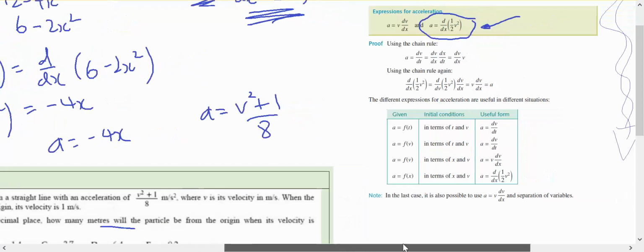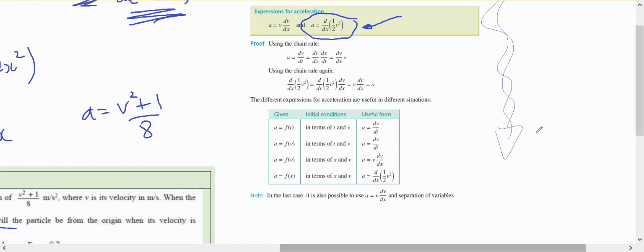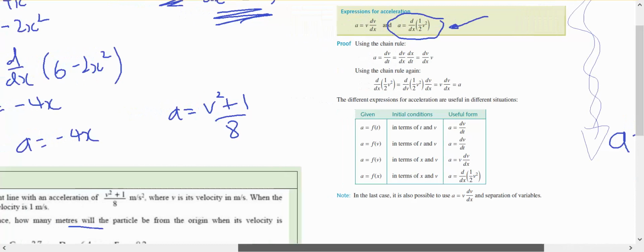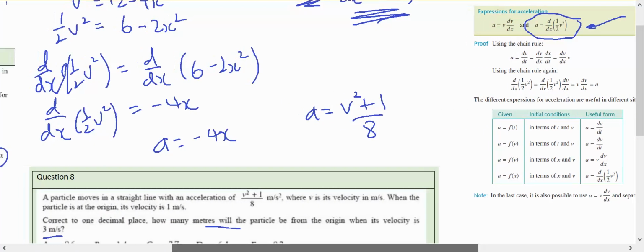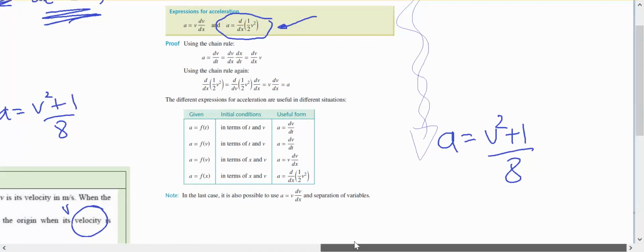Okay, so I need to do a replacement for acceleration equals v squared plus 1 divided by 8. And since I need to find x at a particular velocity, I'd like to use x and v's, and I'd like to replace it with this.